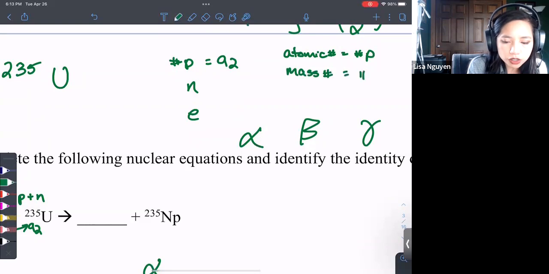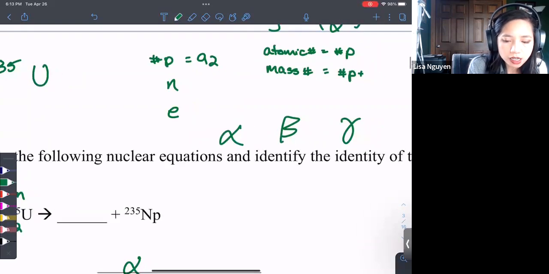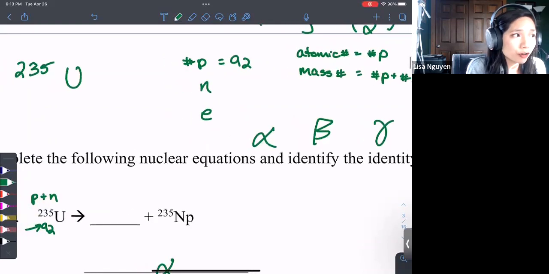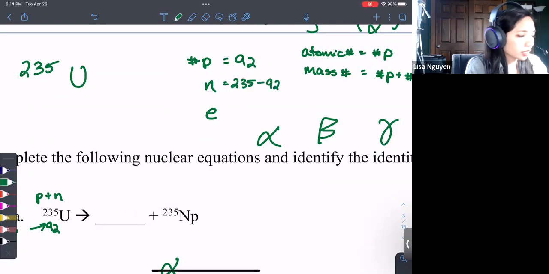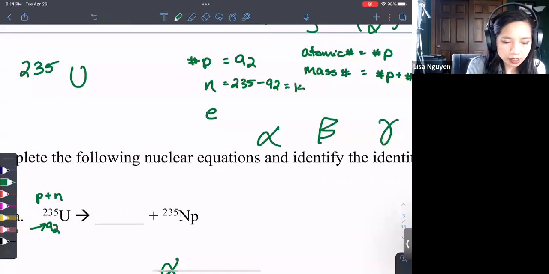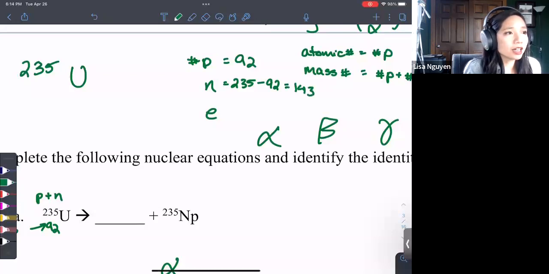This number is equal to the number of protons plus the number of neutrons in your nucleus. So if we take 235 minus 92, there are 143 neutrons there.